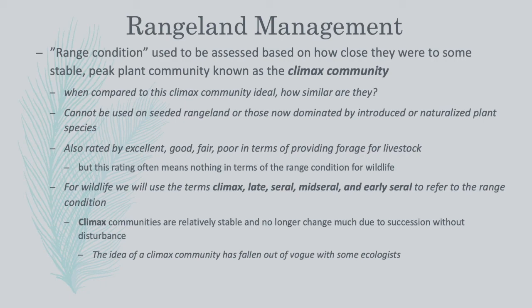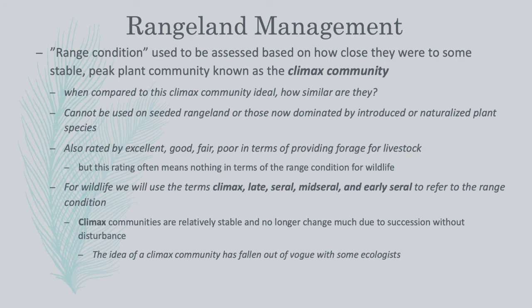It's not going away. You can't really compare that community to some hypothetical climax community, because it's probably stable as smooth brome and not going to change much, but that doesn't mean that it's high quality range condition. So we would rate the range condition by excellent, good, fair, or poor in terms of how it was in providing forage for livestock.